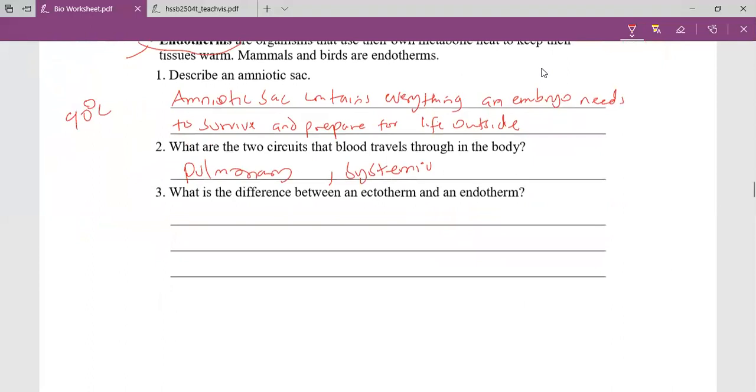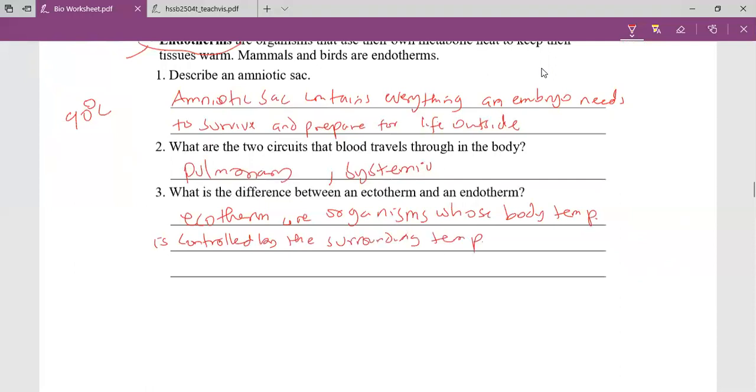What is the difference between ectotherm and endotherm? I wrote ectotherms are organisms whose body temperature is determined by the surroundings. Ectotherms are organisms whose body temperature is controlled by the environment, by the surrounding temperature.